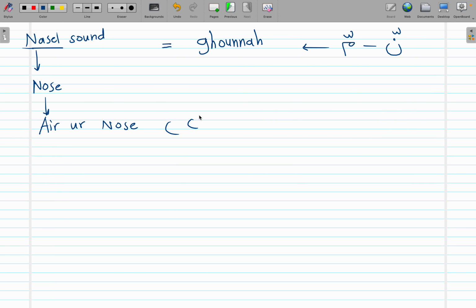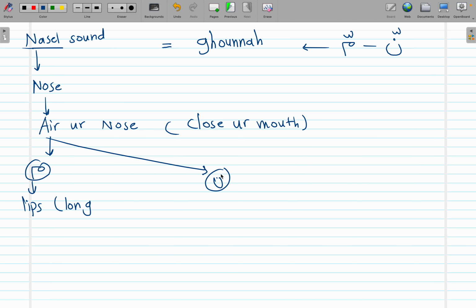It's done by closing your mouth. It happens by making the meem from the lips and closing it long, and making the noon from the tongue and the roof of your mouth, and making this long as well. Got it? This is the ghunna, simply.